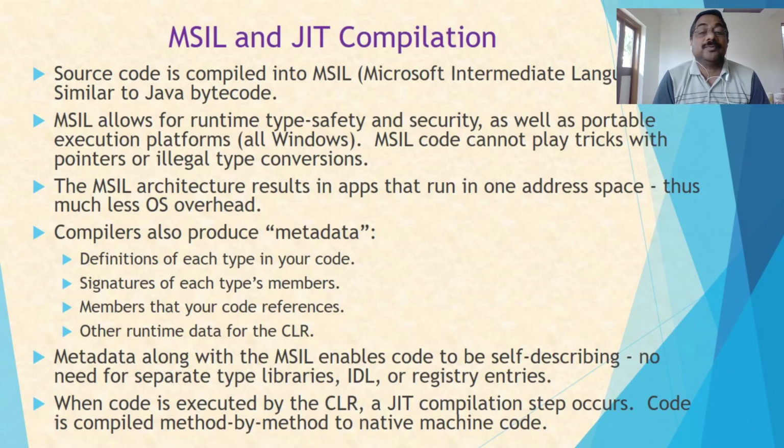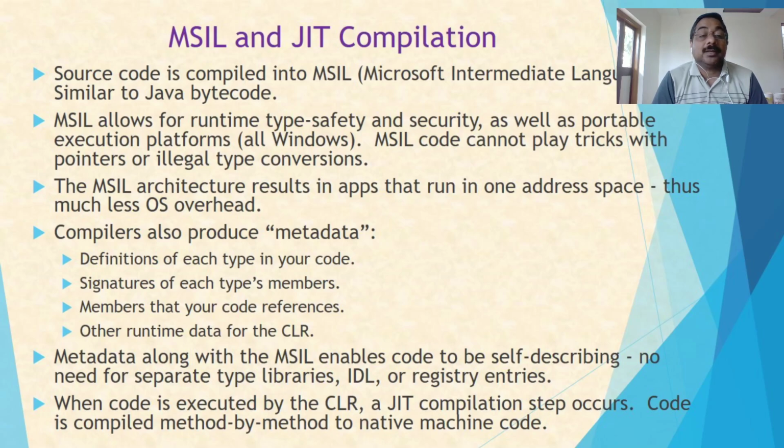All these things will be done in Windows. Microsoft Intermediate Language code cannot play tricks with pointers or illegal type conversions, so we cannot use pointers in .NET. The MSIL architecture results in applications that run in one address space, thus much less operating system overhead.